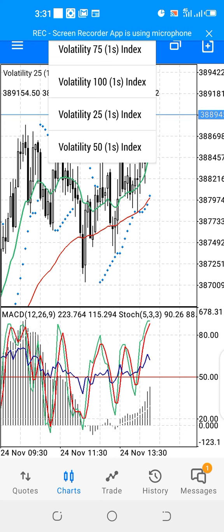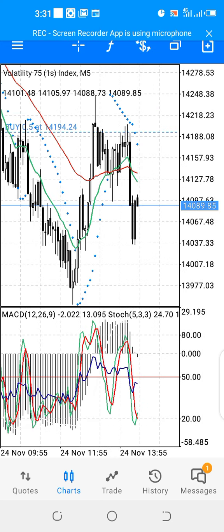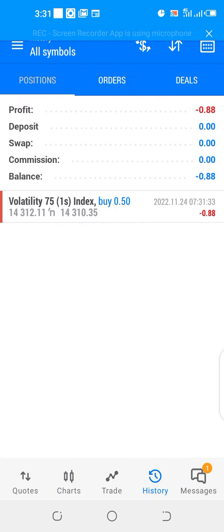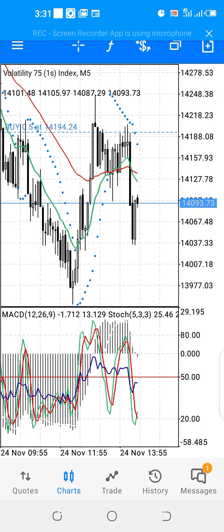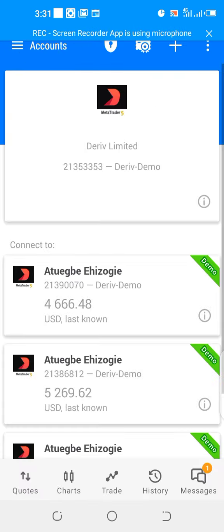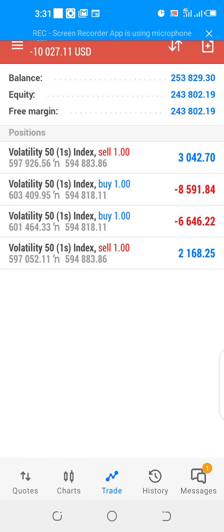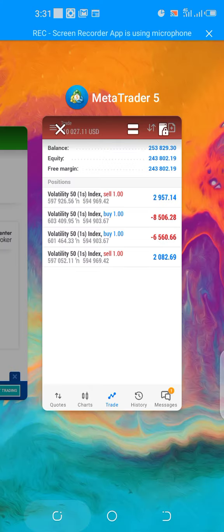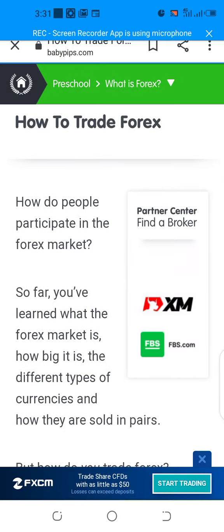So if we want to calculate profit and loss in this sense, say using a standard lot size of 100,000 units, and the price of the currency, for example, is 1.4530, and the price moves to 1.4550, it means we have gained 20 pips.